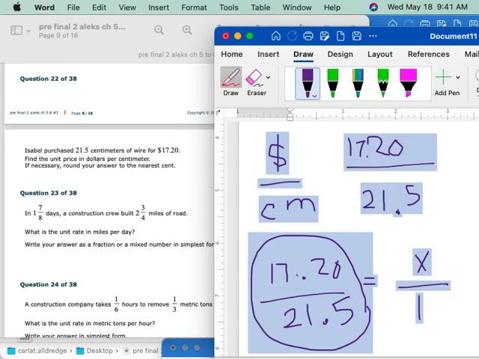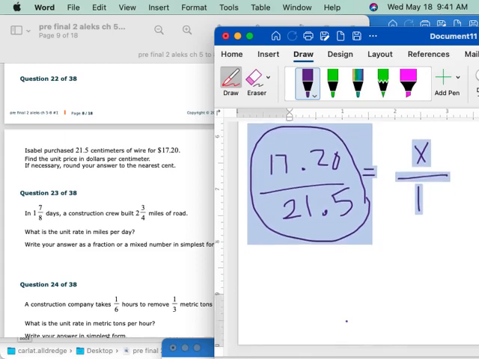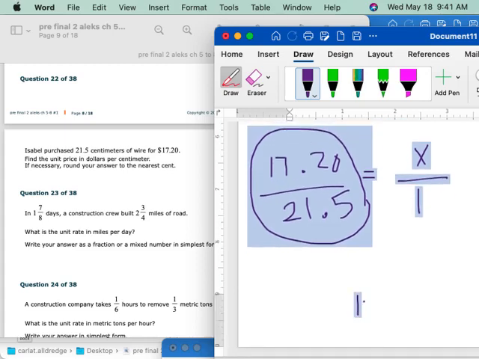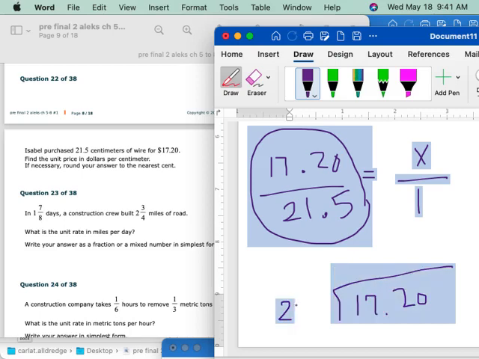I have to, 17, that sounds like it would be reasonable. Did you do that out? 17.20 divided by 21.5. Okay, so we have to move our decimal 1, right here. So 215 into 170.